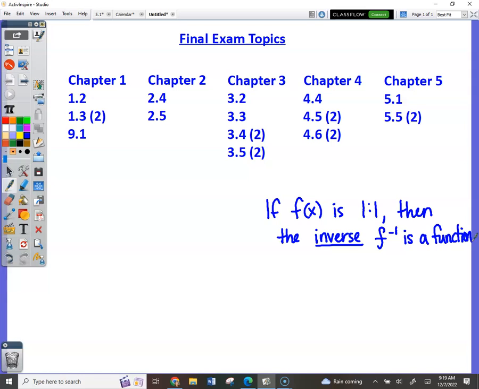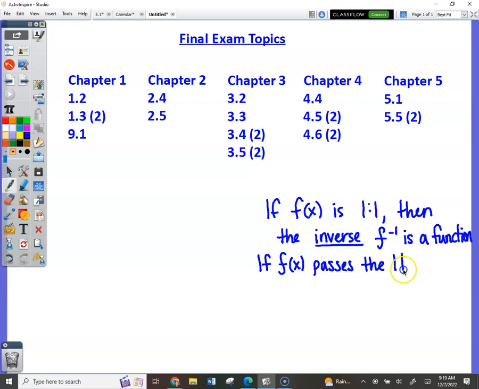Now I'm going to write another thing. If you don't have room, write it somewhere. This means, how do you check for this without doing the algebra behind the 1 to 1? If f of x passes the V line test, I'm sorry, not V, H. I got excited.